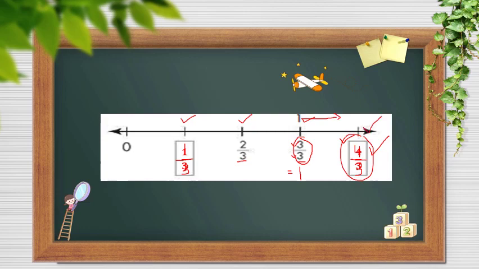So quickly tell me, when the numerator is greater than the denominator, are those fractions greater than 1 or less than 1 on the number line? Excellent, greater than 1. Very good.